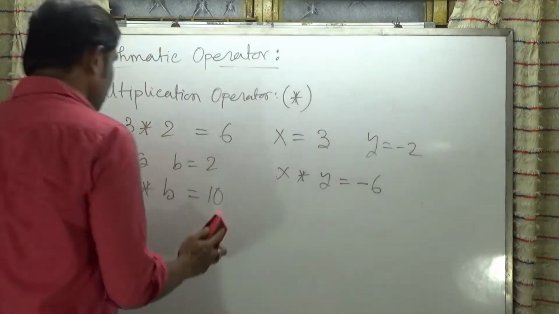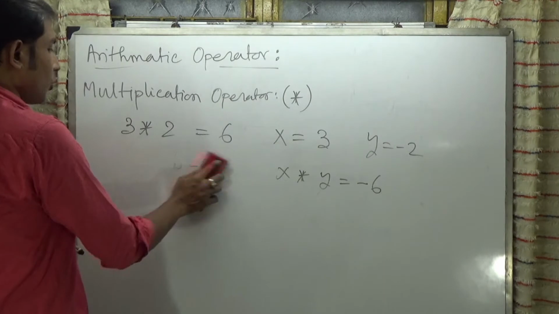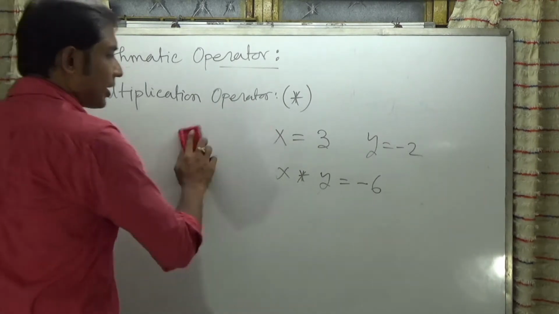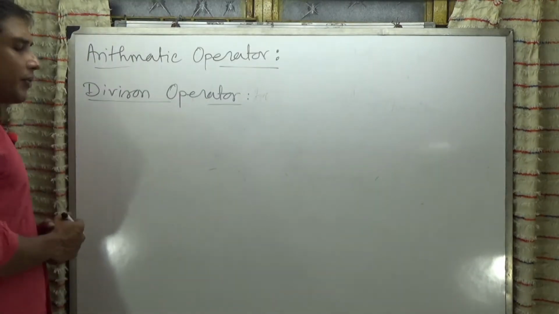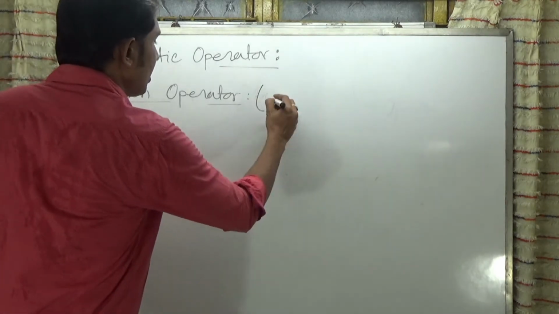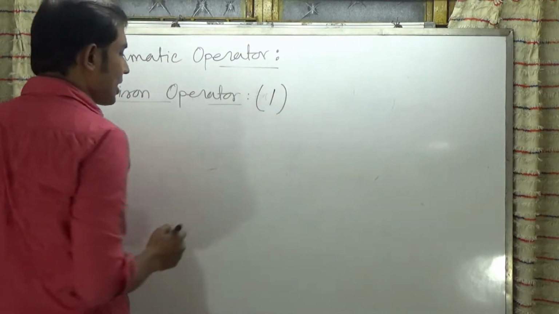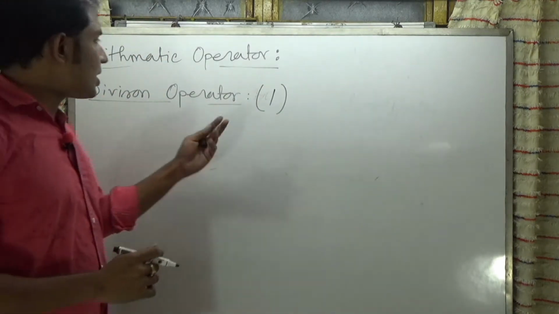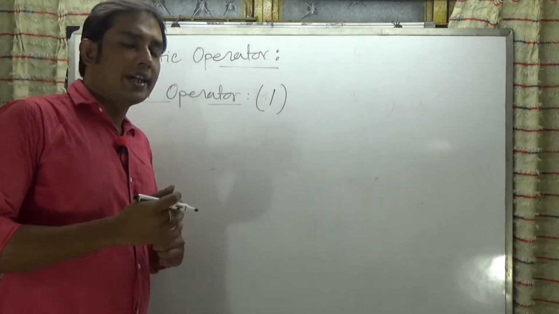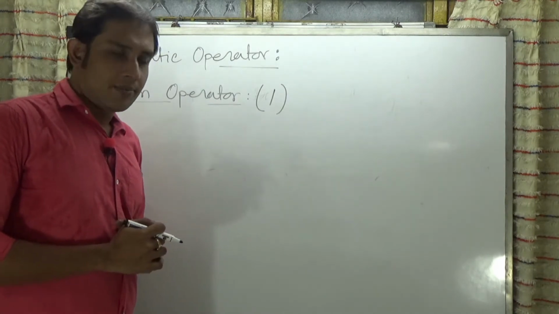Now I am going to explain the next operator, which is known as the division operator. In Python programming, it is denoted by the front slash sign. The division operator returns the quotient.